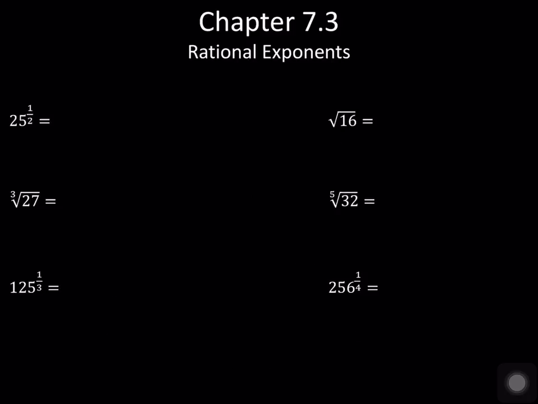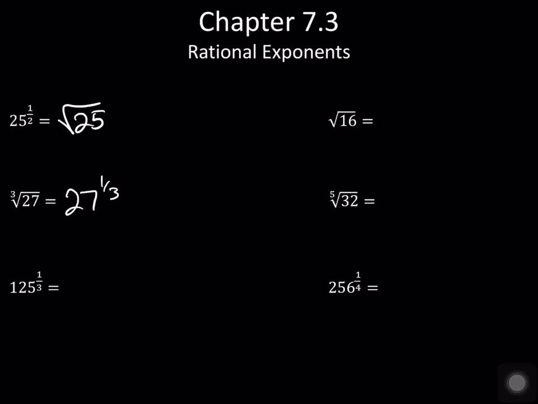Okay, so here we go. And this screen is all about just making sure we understand how to go back and forth between the two notations. So 25 to the 1/2 power means the square root of 25. The cube root of 27 could also be written as 27 to the 1/3. Right?